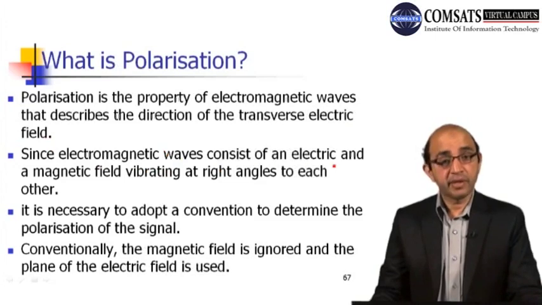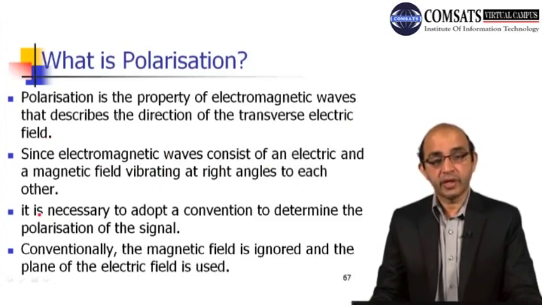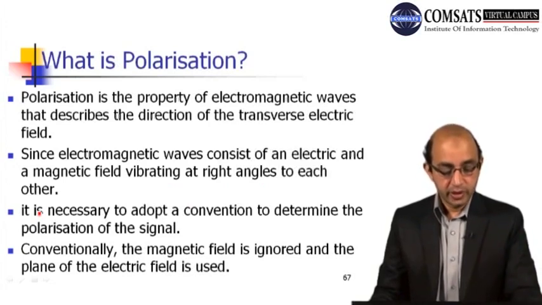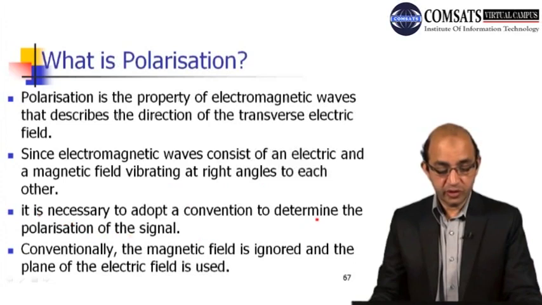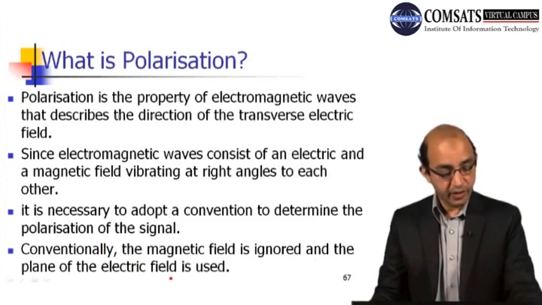Waves consist of an electric and a magnetic field. The electric and magnetic fields are coupled, vibrating at right angles to each other. So it's important to adopt a convention to determine the polarization of the signal. Normally the magnetic field is ignored and the plane of the electric field is used.